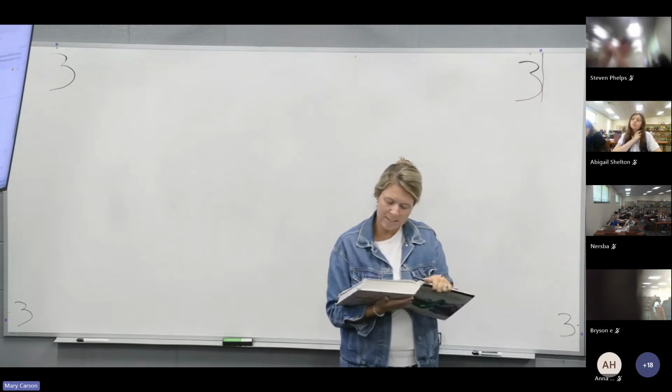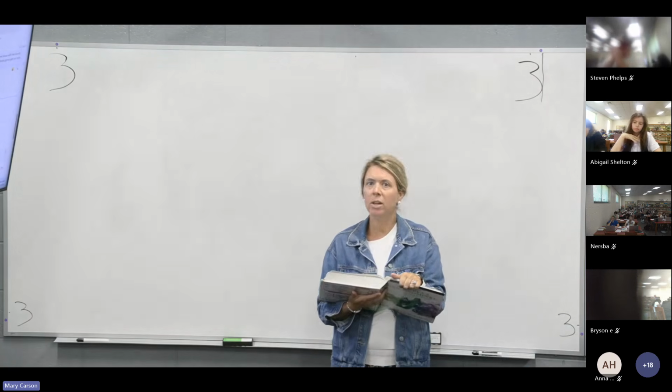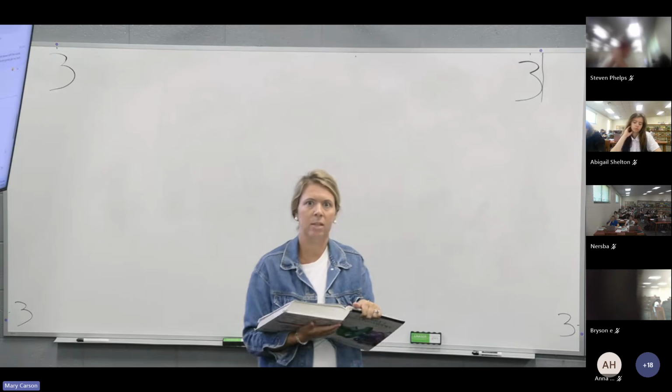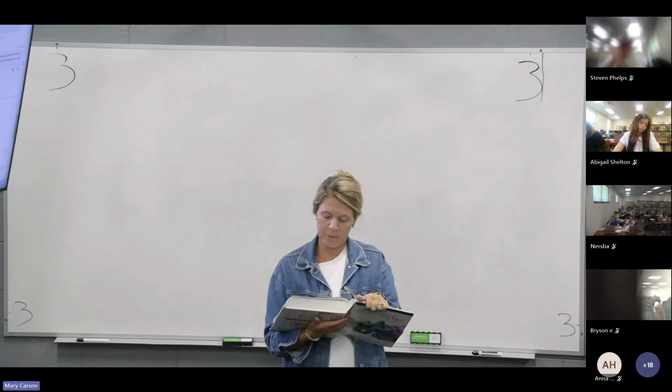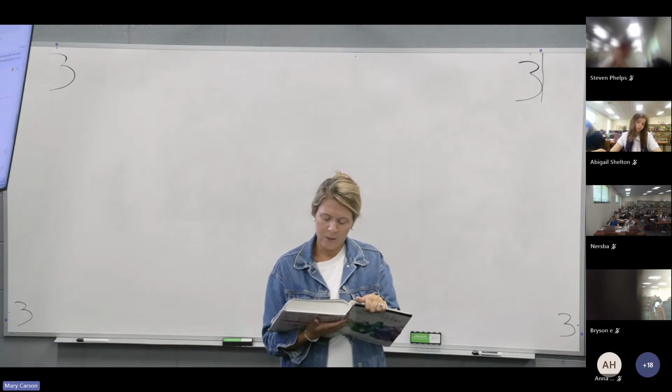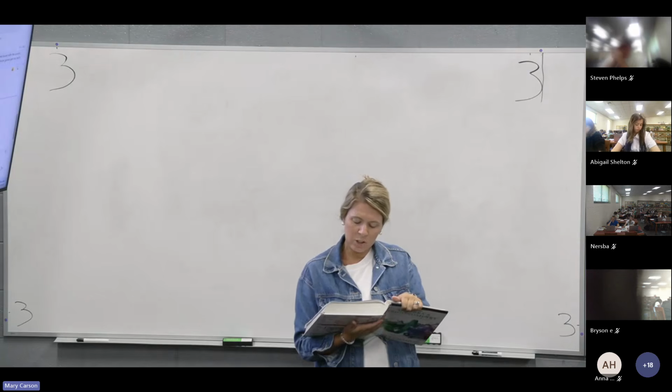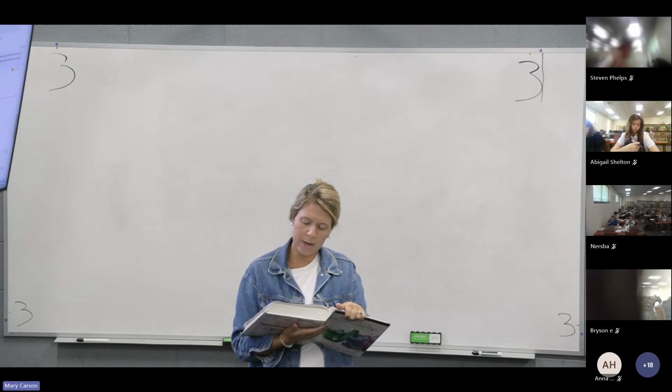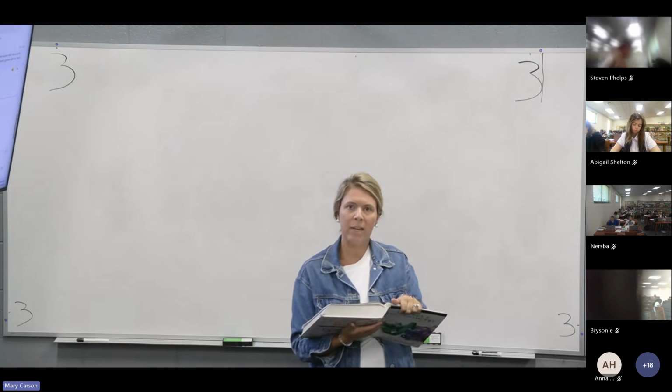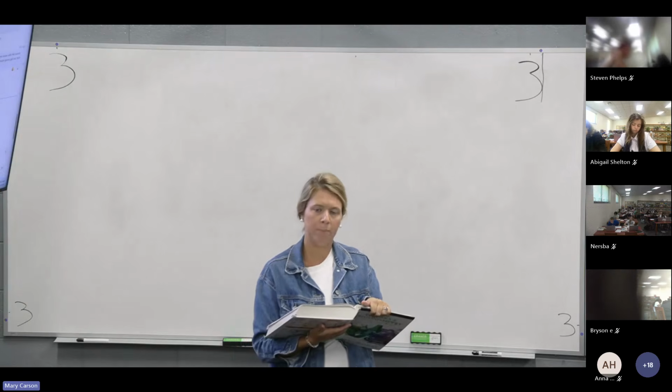36 was negative 7x squared minus 3x. 38 was 8x cubed minus 24x squared minus 48x plus 4.